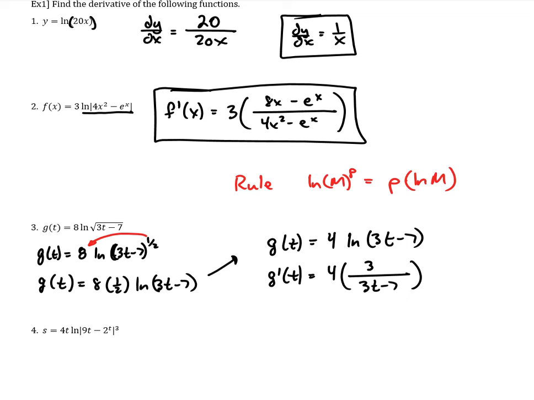So the derivative of 3t is 3. The derivative of negative 7 would be 0. Okay, and you could box this, but the 4 would multiply the 3, so we could simplify it a little bit further. So g prime of t, 4 times 3 is 12 over 3t minus 7.